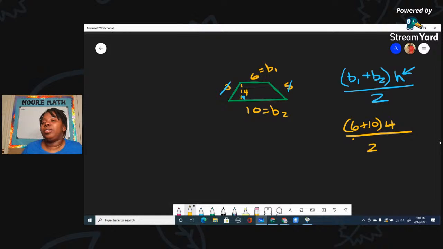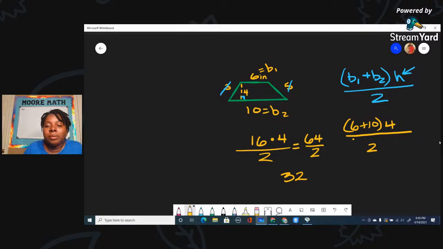All right, so now 6 plus 10 is 16. And then we have times 4. 16 times 4, you're going to get 64. And 64 divided by 2 is 32. If this was inches, you would say inches squared.